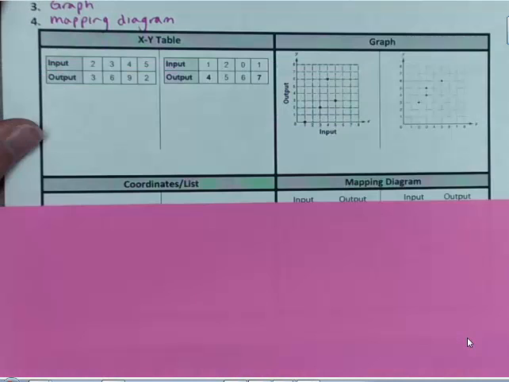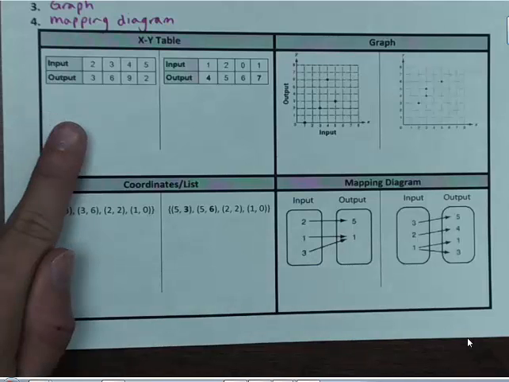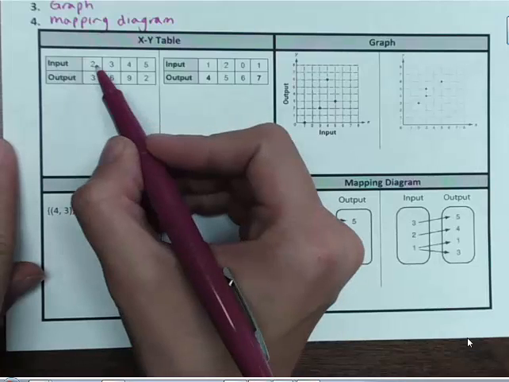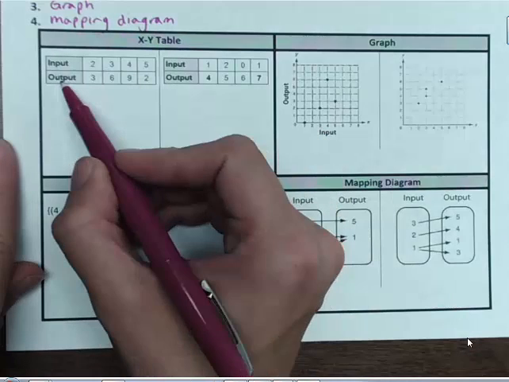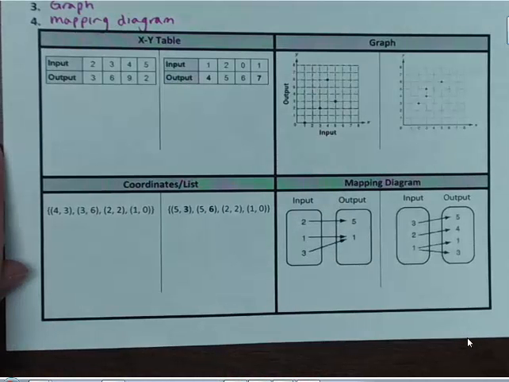The first way we're going to look at is our xy table. I need to identify if it is a function or not. So again, remember, a function is when the x values have one y value. If I look at the first box, my inputs are my x's, so I have 2, 3, 4, and 5, and my outputs, which are my y values, are 3, 6, 9, and 2. I'm asking myself, is this a function?